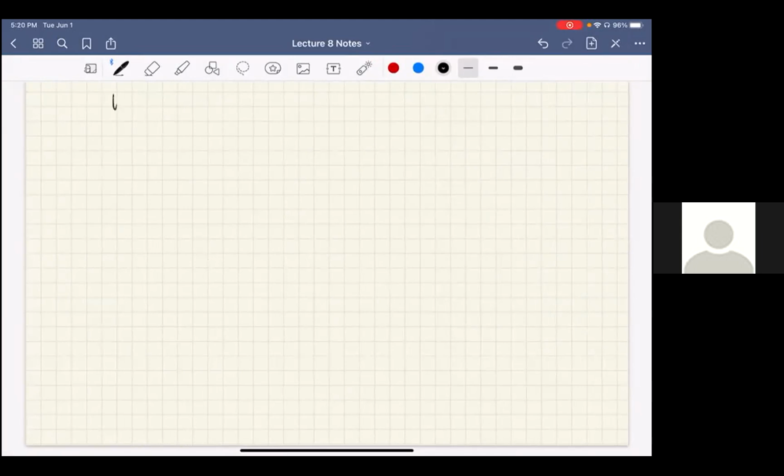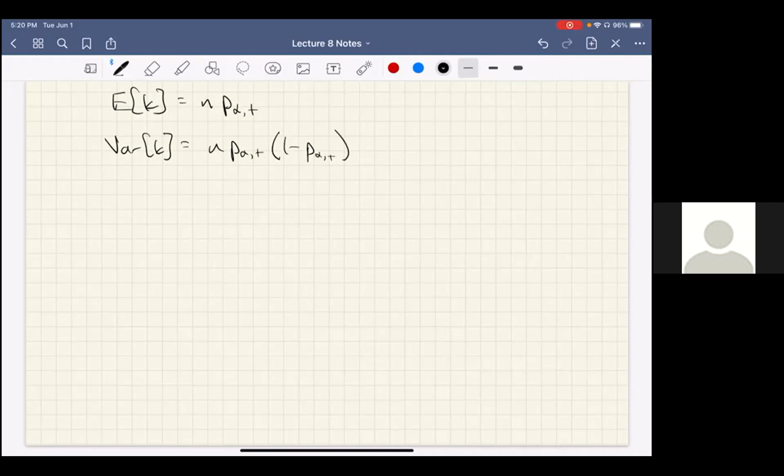We have the mean, the expected value of k, is equal to n times p alpha t. The variance of k is n p alpha t times 1 minus p alpha t, which is less than or equal to n p alpha t.